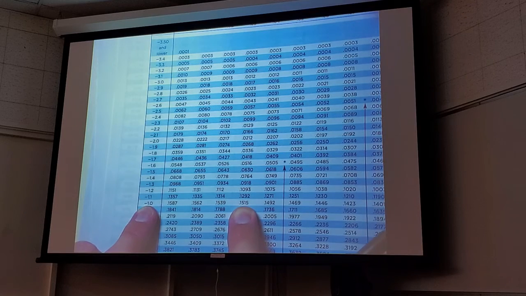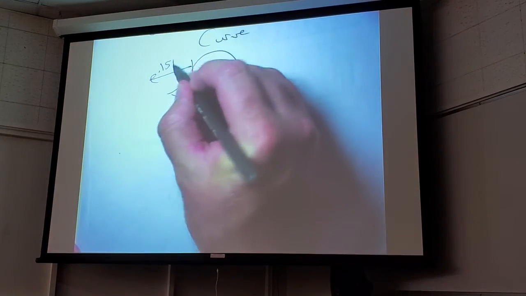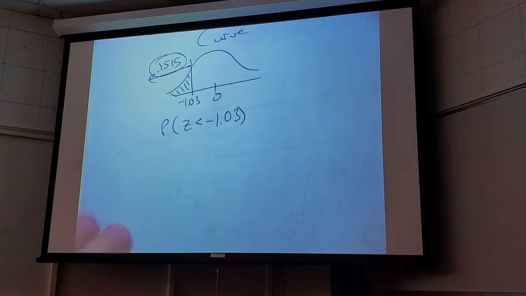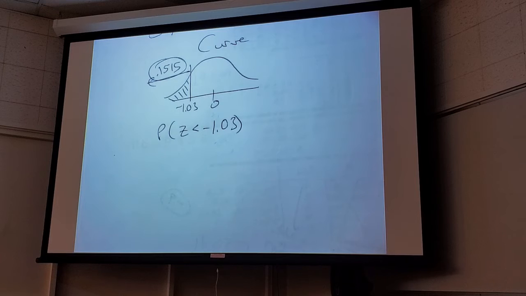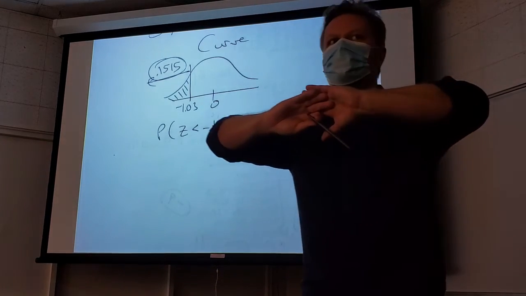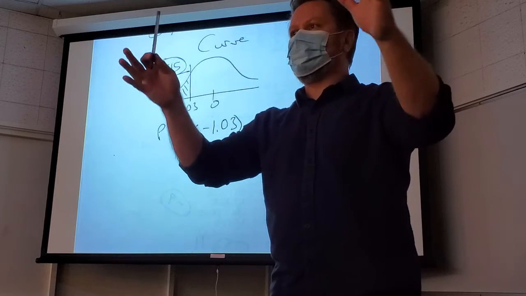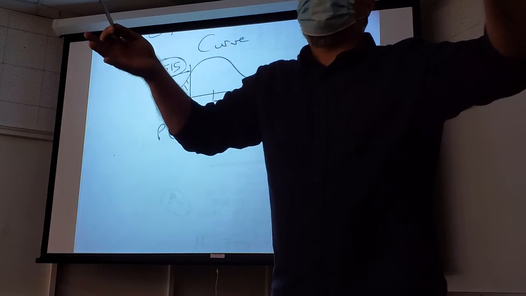So what area is below negative 1.03 z-score? 15.15%. So, yes, it tells you the area below that, right? And this chart could have been done in a lot of different ways, and I've seen it done in a lot of different ways. And they would all show essentially the same thing.